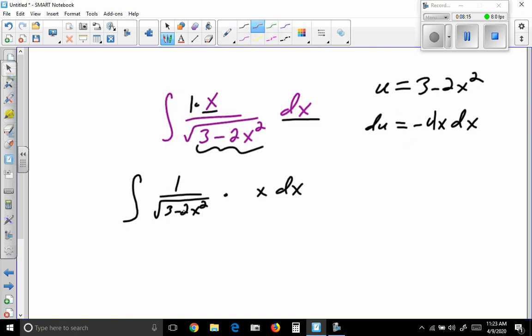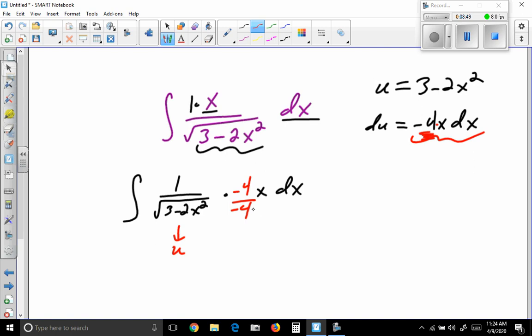So if we're going to let that be u, then we need that for our du. So we have the x, we have the dx. What we don't have is the -4. Well, we can multiply this by -4 if we're clever. If we multiply by -4 and divide by -4, we're really just multiplying by 1. Anything divided by itself is 1. And as long as we're just multiplying by 1, we're not changing how much we have.